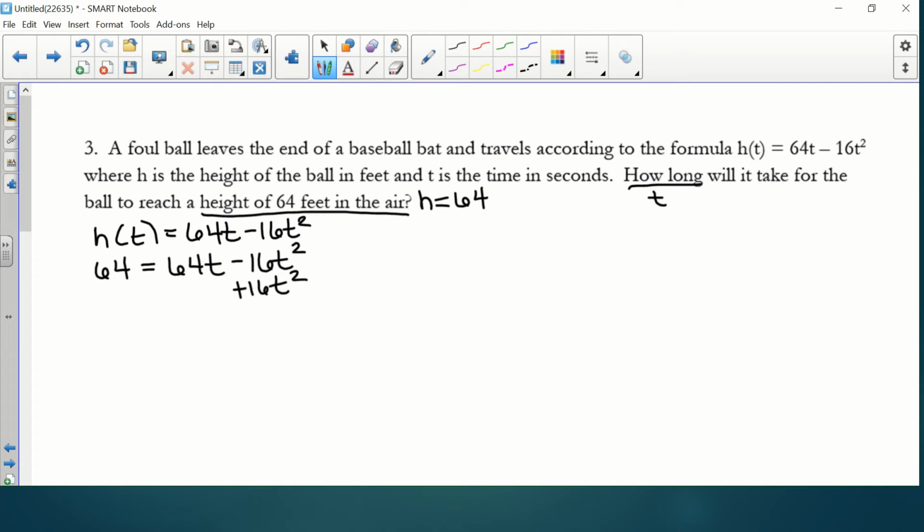All right, so I'm going to do two things at once here. I'm going to add 16t squared and subtract 64t. So my left side, writing this in standard form, 16t squared minus 64t plus 64 gives me 0.